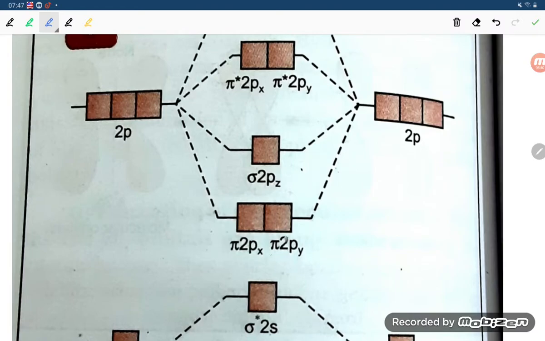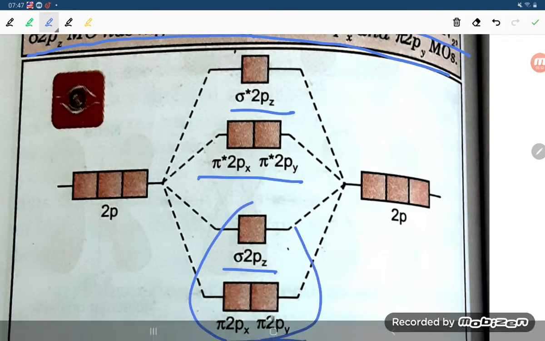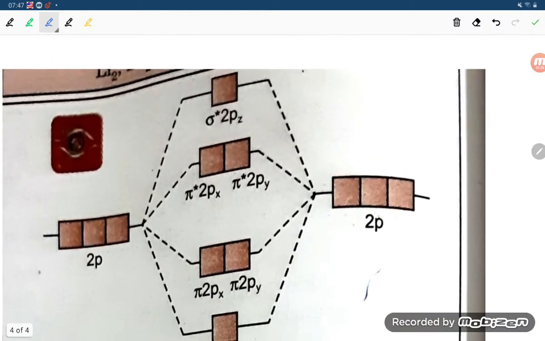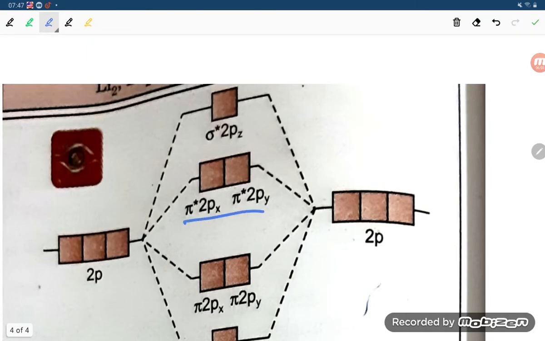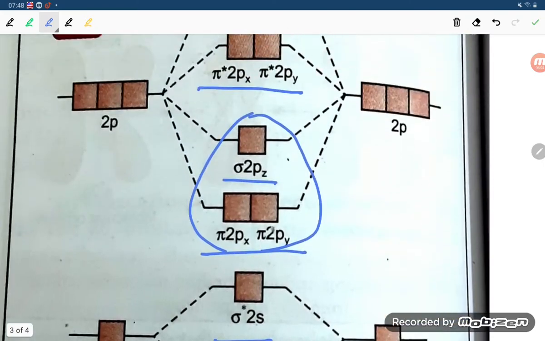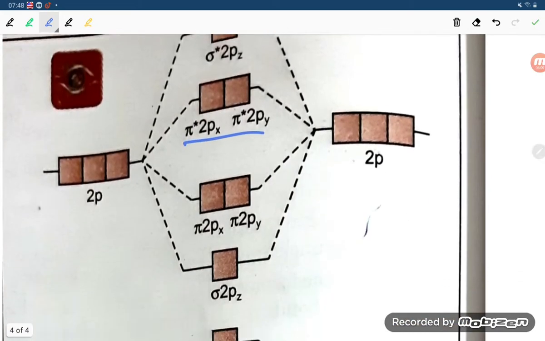Then 2p combines to give pi 2px equal to pi 2py, sigma 2pz, and pi star 2px, pi star 2py. Here there is no change. The only change is in this area. Here sigma 2pz is lower energy, but here sigma 2pz is higher energy. So that is the energy level diagram.